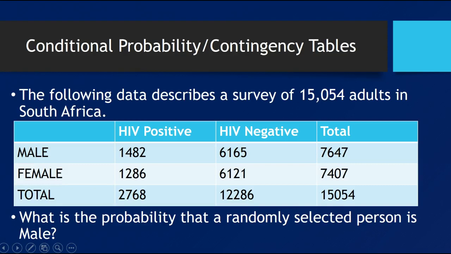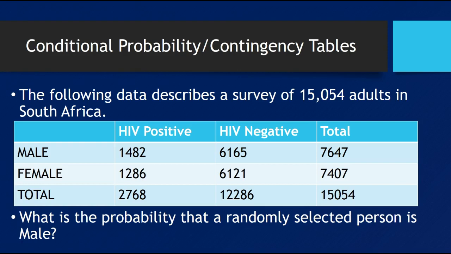So conditional probability is often best seen using contingency tables. Now, a contingency table is just a table of data, and in this contingency table, we've collected data about 15,000 adults from South Africa. We test them on 2 different characteristics.